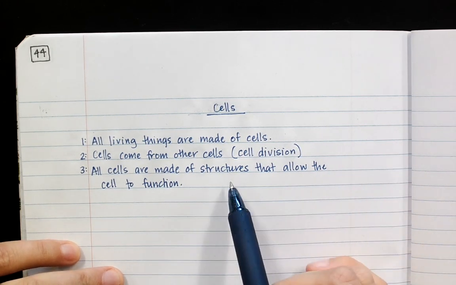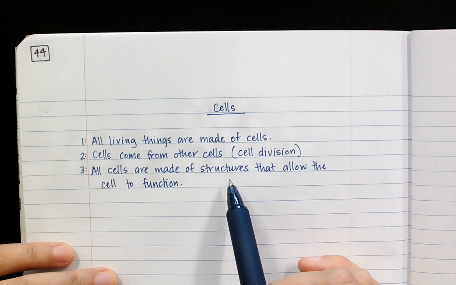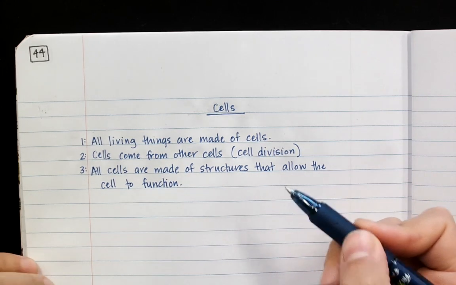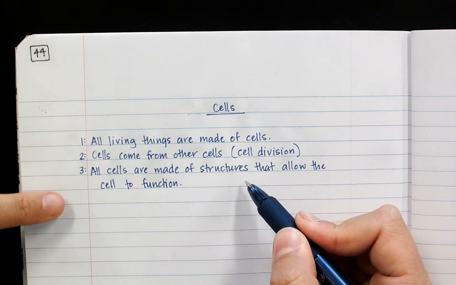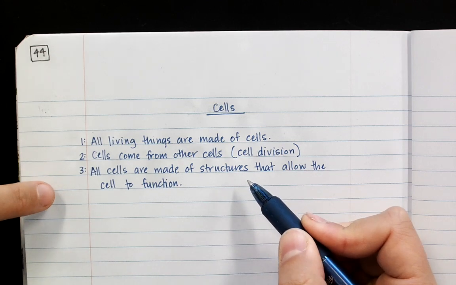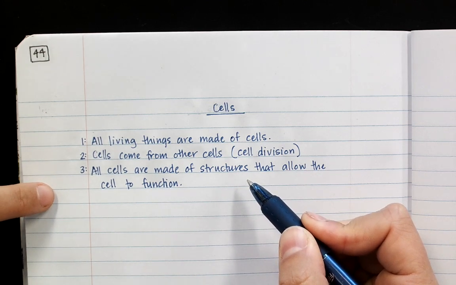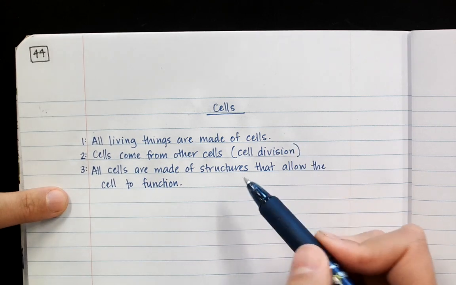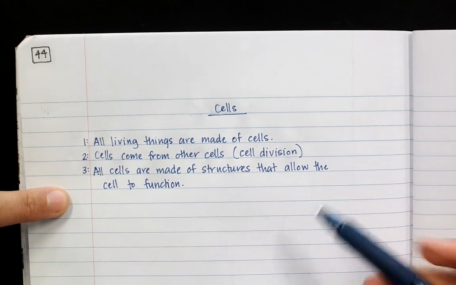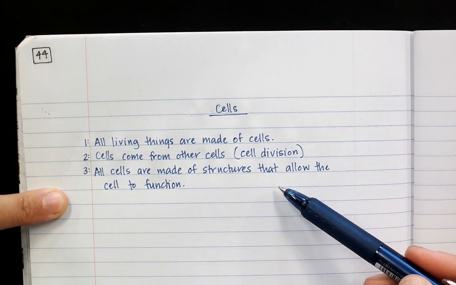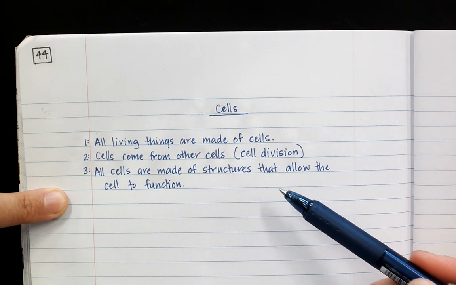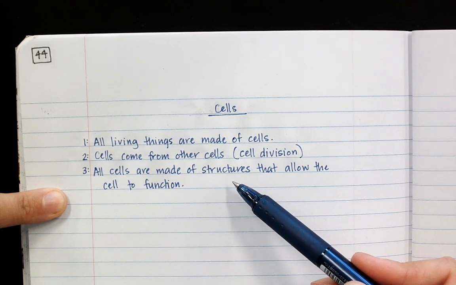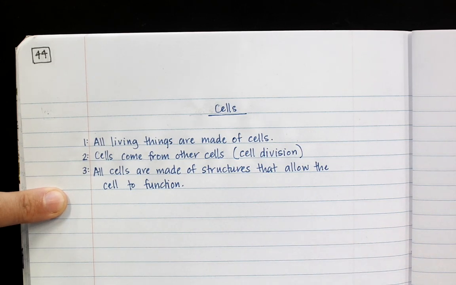Now, some of these structures are actually organelles, but some of the structures are not organelles. So an organelle has to have a membrane around it. So a structure like a ribosome or a cell wall or a flagella, those are structures that do make up the cell and they do allow it to function, but they are not actually organelles. So sometimes these structures refers to organelles and sometimes it doesn't.